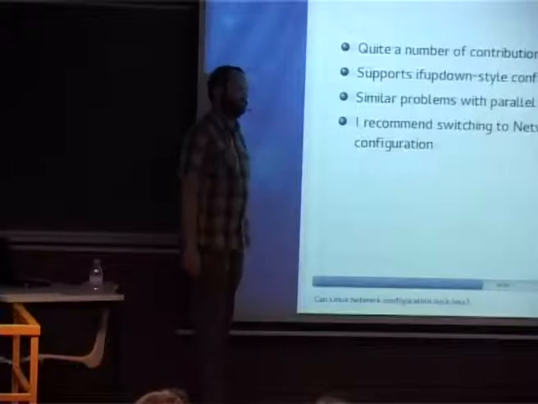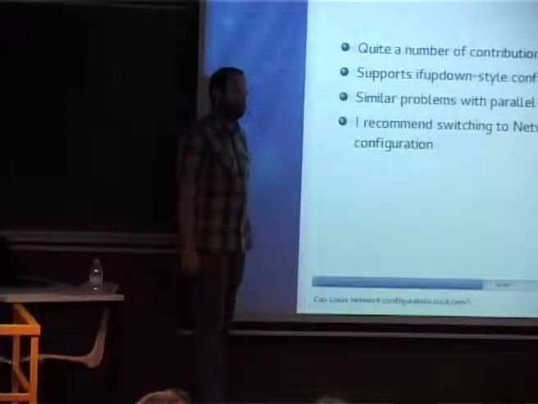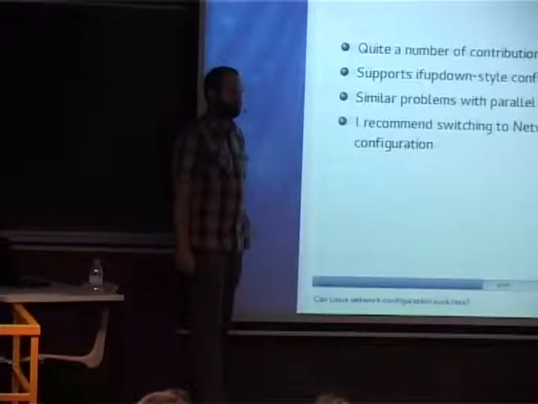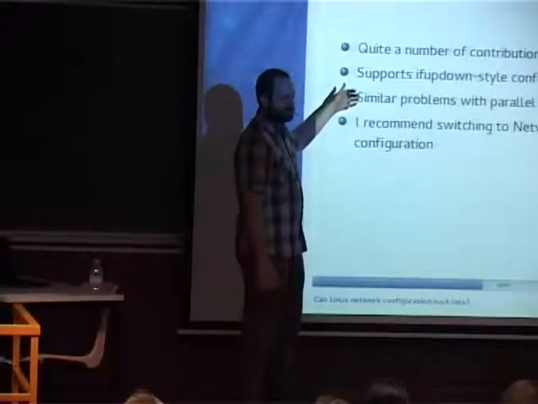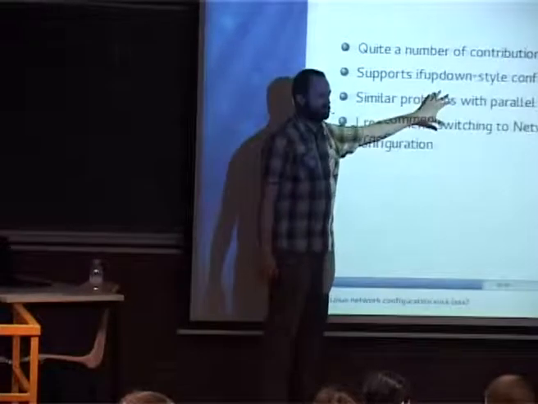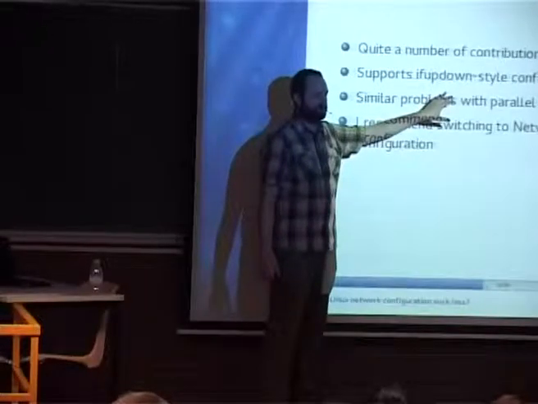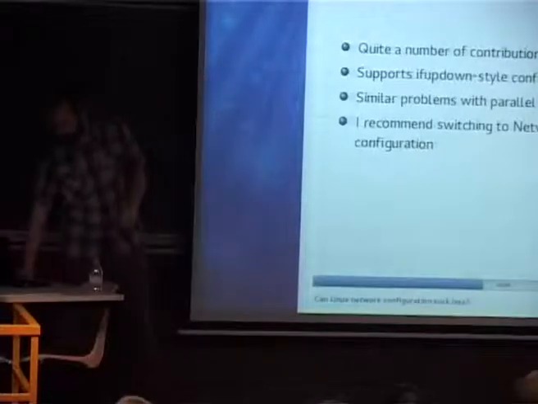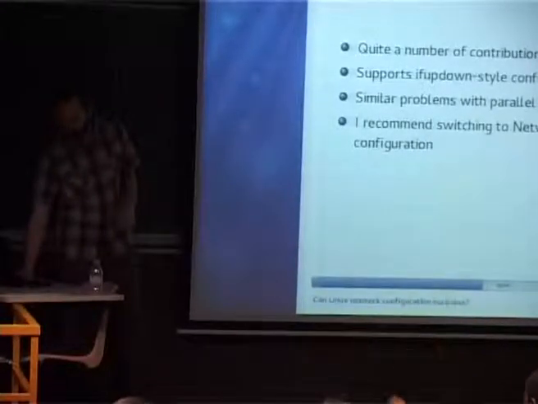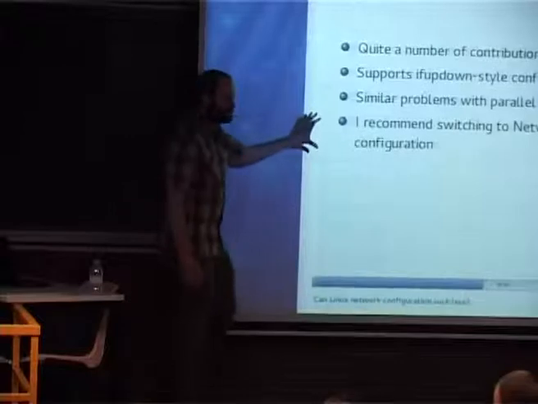It's done by the installer, which will generate that instead of if up-down if you are installing a desktop system with Network Manager. Thank you. So for the long term, it may even happen that we actually drop this support if it's not used at all. Well, I recommended something that's already done.